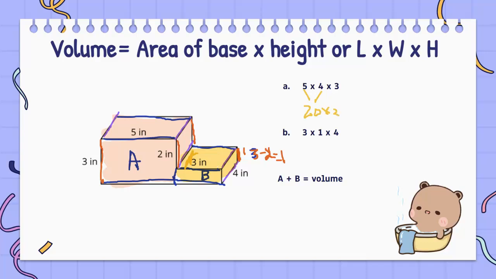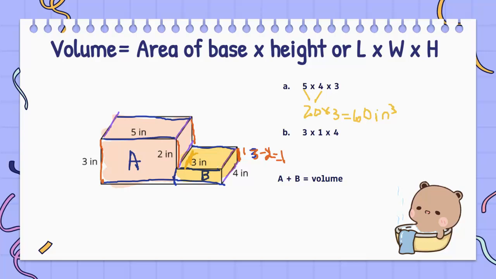That equals 60. And that would be for prism A, 60 cubic inches. Now you could write the word cubic or you could write in cubed, 60 in cubed.